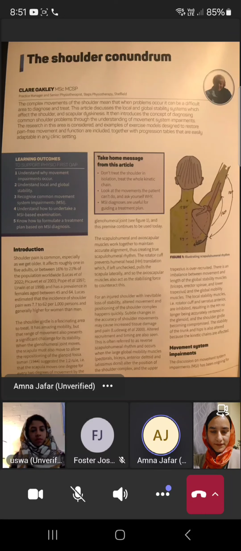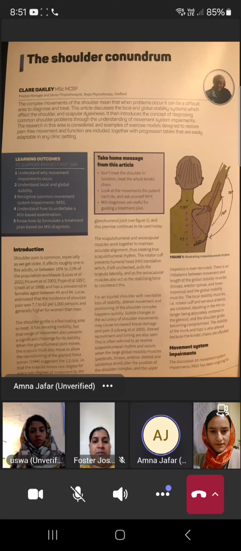While I was going through this article, it helped me a lot as a physiotherapist, because before, if I was doing mobilization or massage or giving physiotherapy sessions to my clients, I used to focus on just the back or shoulder areas. But going through this article, I learned how to approach the patient holistically to treat them and give them the best physiotherapy services possible.